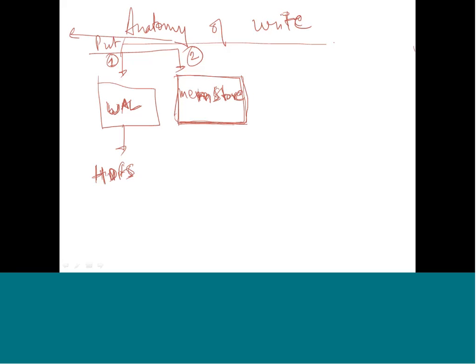Whenever this memstore fills up to a particular size, for example 64 MB, then you flush the memstore into your HFile, which is a persisted file on HDFS, and you forget about the write-ahead log, totally.